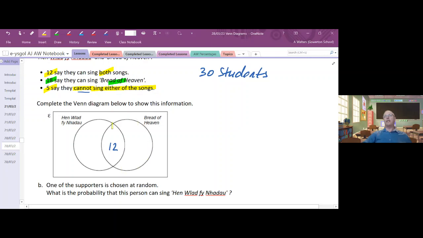So everyone inside that circle should amount to 18. So it's a simple take away sum. 18, take away the 12, and you're left with 6. Now, a lot of people put 18 in there, but if you did put 18 in there, you then have 18 and 12. You've got 30 people singing Bread of Heaven, and that's not what the question says. The question says 18 people sing Bread of Heaven. Okay.